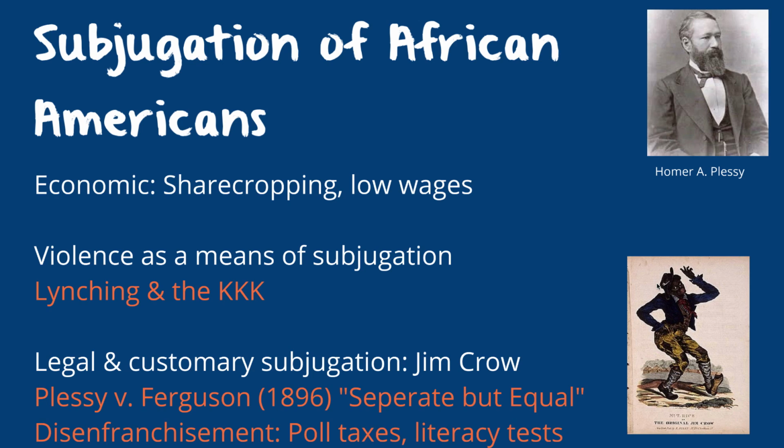And like I said, it's because the process of integrating millions of former slaves into American life is not fully completed that the civil rights movement takes place, and why we still see a lot of racial tensions in the United States even today.